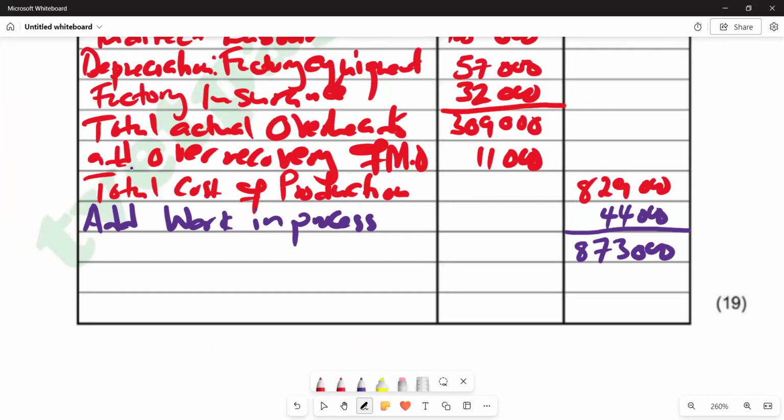And then we also have a less work in process. That is in the end. 32,000. And then the answer that we are going to get is 841,000.